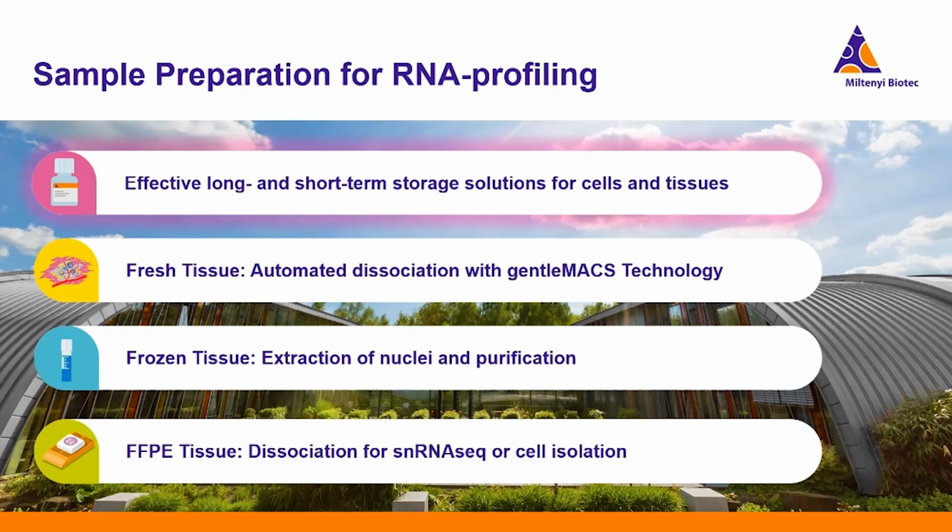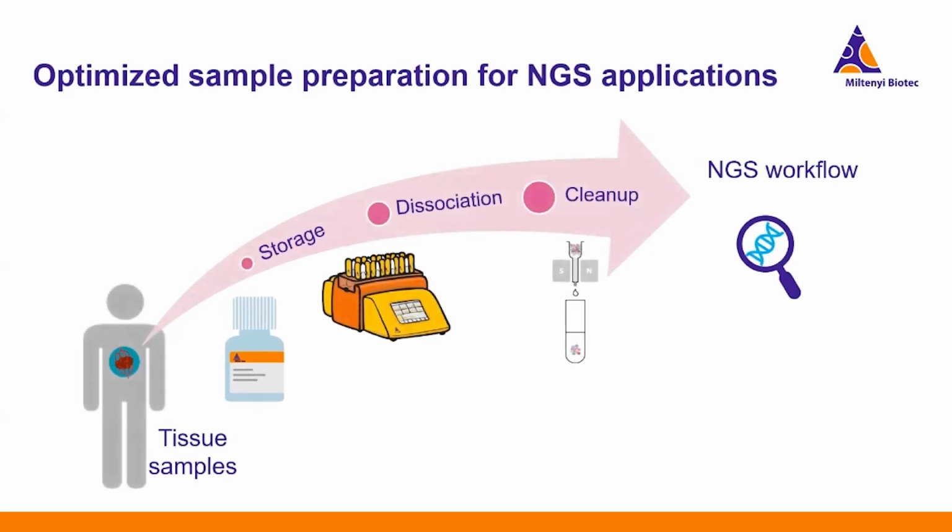So let's talk about storage solution and why is storage important to mention? Well, the storage could also describe the beginning of the journey of your sample. When we think about a human tumor sample, the tumor sample gets cut out in the clinic. And from there on, it needs to be transferred to the laboratory.